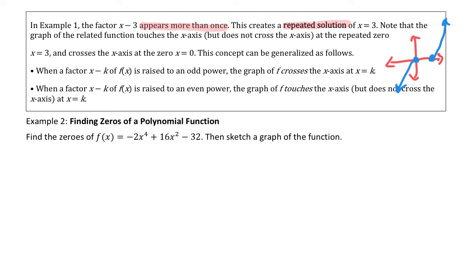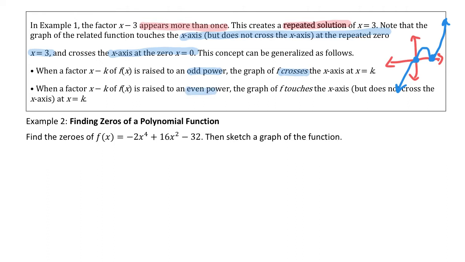So this is the connection I want us to make. The graph touches the x-axis but does not cross at 3, and it crosses at 0. So when we talk about repeated solutions, if we have a factor raised to an odd power, it crosses through the x-axis at that solution, or at that 0.